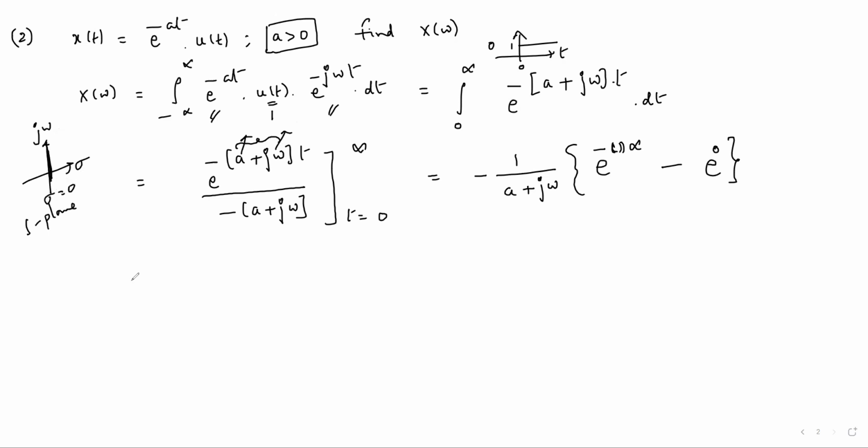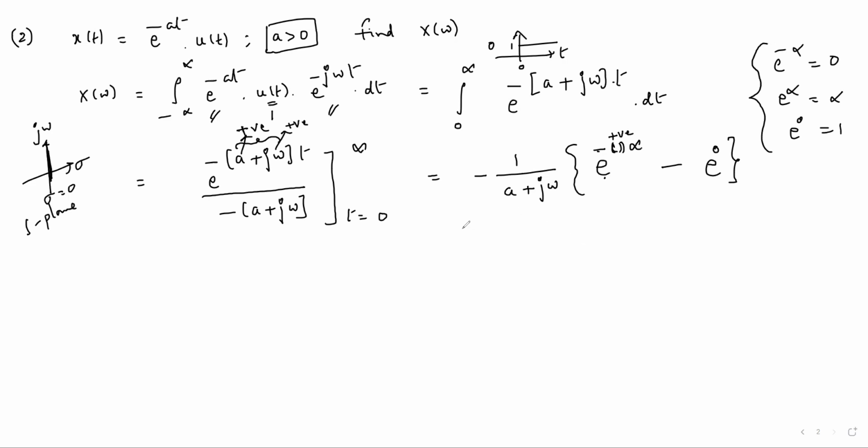J omega means real part is 0. Definitely it should not be negative, so that this total expression is positive. Confirm that total expression is positive. So anyhow, e to the power of minus infinity. We know that e to the power of minus infinity is 0, e to the power of plus infinity is infinity, e to the power of 0 is 1.